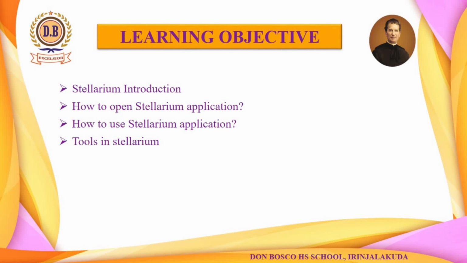In this chapter we will discuss some of the tools used in Stellarium, and also we can view all the things in the sky on our computer screen, for example sun, moon, the planets, and also the solar eclipses. So this chapter is very interesting. Please listen, my dear students. So let us start our second chapter.